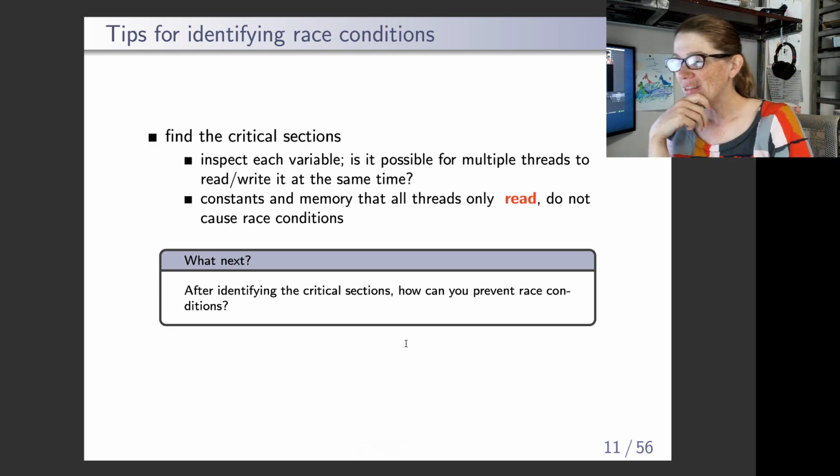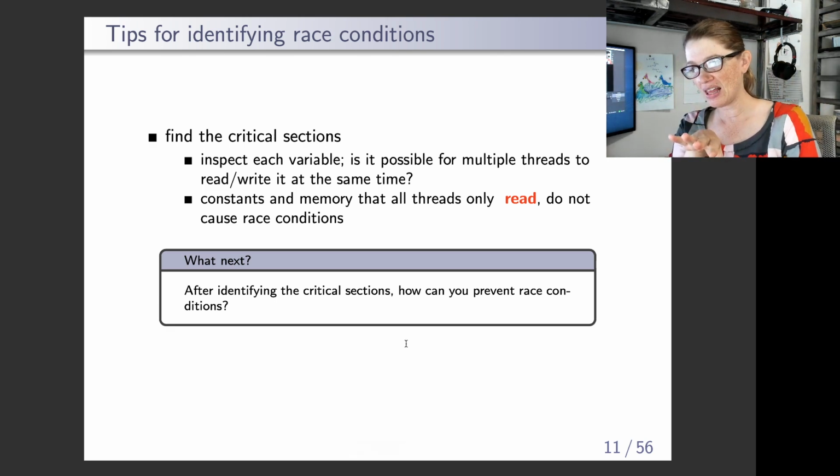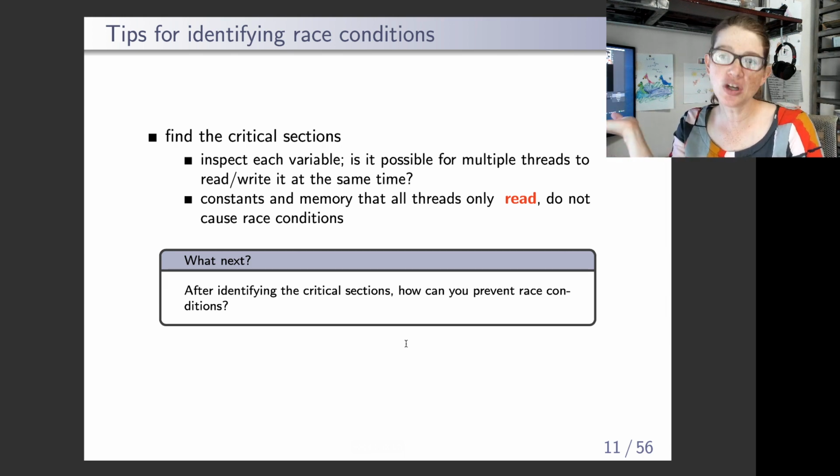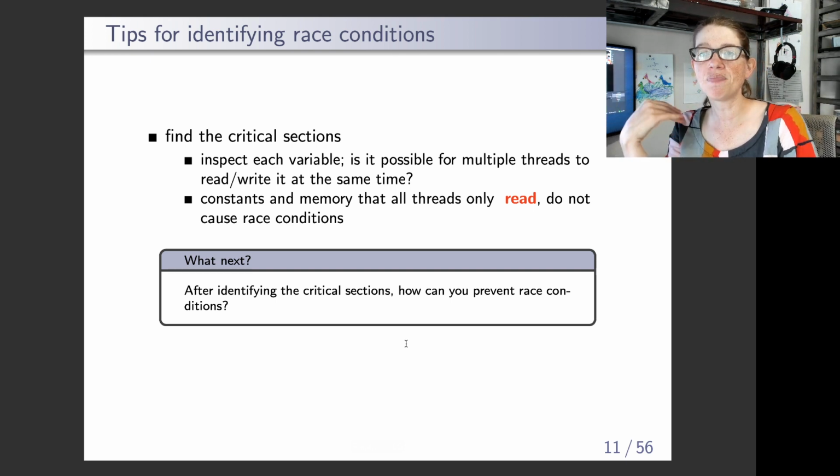Well, not everything is going to result in a race condition. For one, if every thread is only going to read the variable, if there are no threads that will write to the variable, then there's actually no race condition, because reads aren't going to cause updates to be lost, and when we read from memory we're not going to get the wrong value, because we're never changing the value.